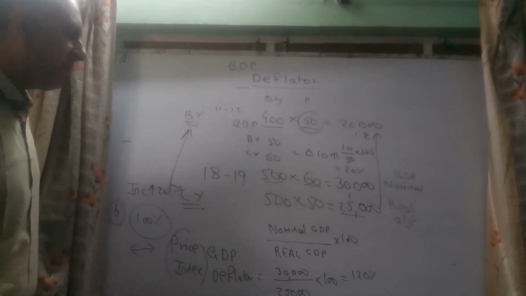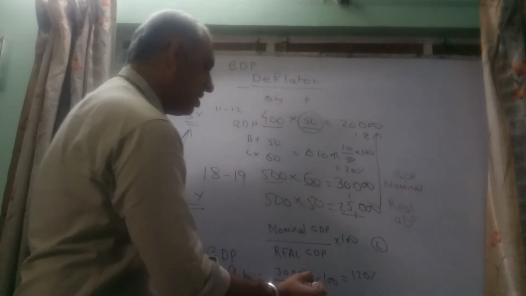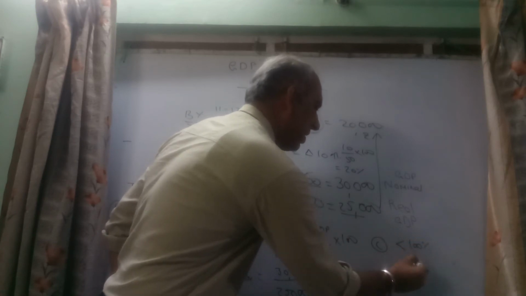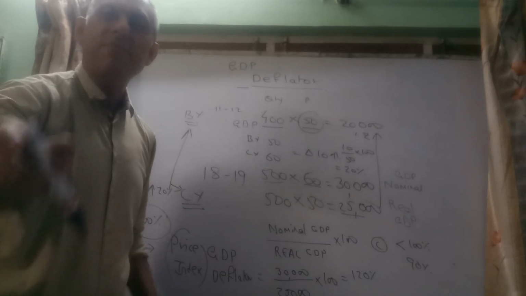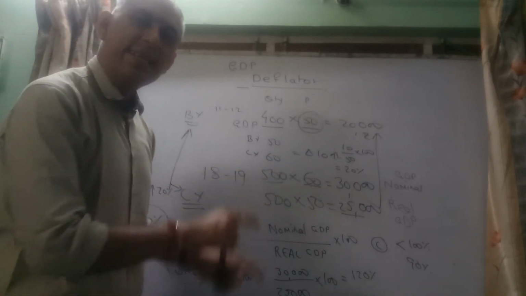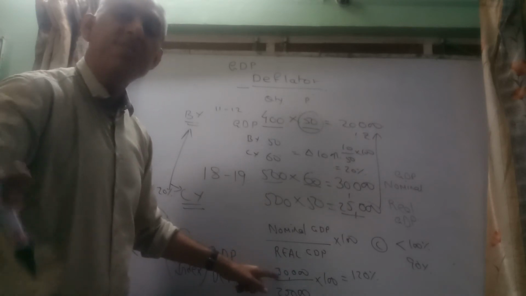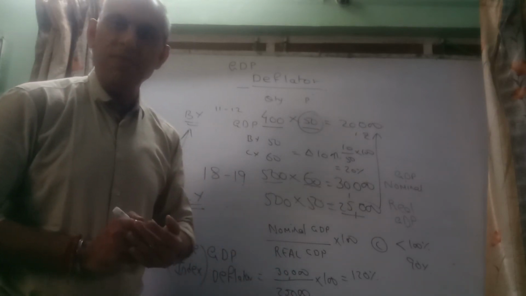But let's say, for example, a C scenario wherein the answer is less than 100%, that means around 90%. Then you will say that in the current year, the prices have fallen by 10%, and that will happen only when nominal GDP is lesser than real GDP. Am I clear, students? I hope all of you are understanding it.